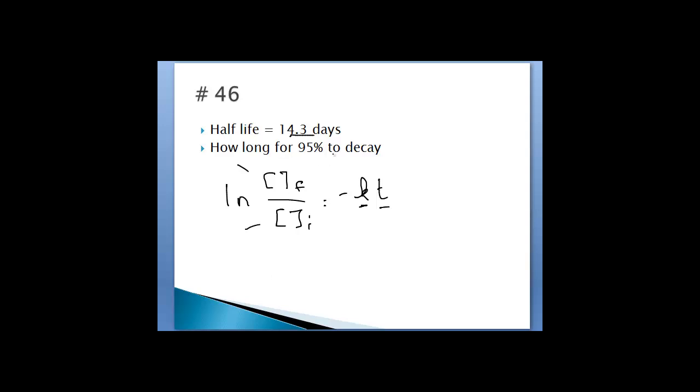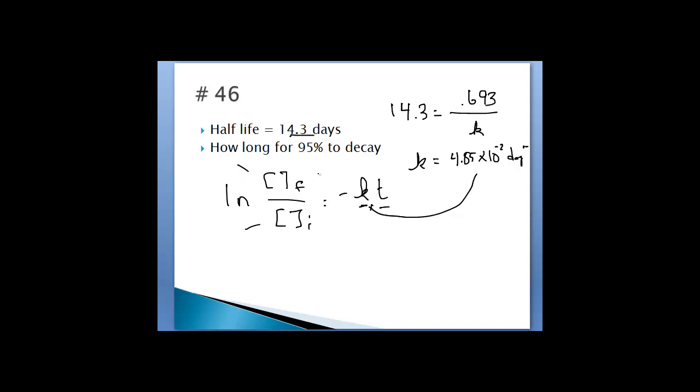Since we know what the half-life is, we can say our half-life time is equal to 0.693 over our K value. So that's our half-life equation for first order. So we would find that K is equal to 4.85 times 10 to the negative second days, inverse days actually.